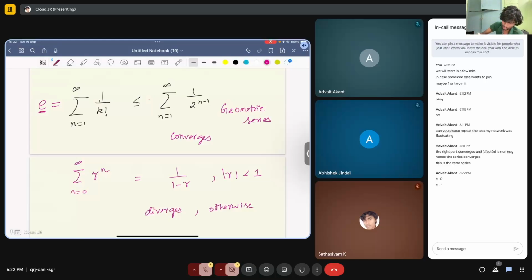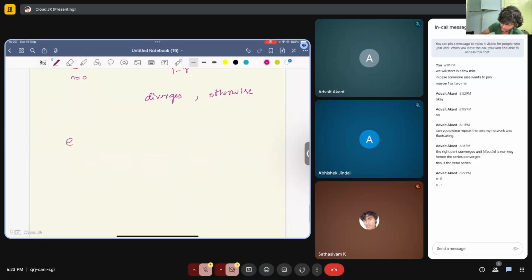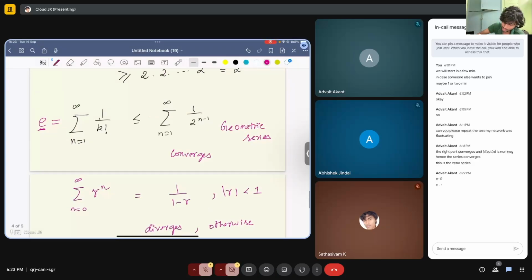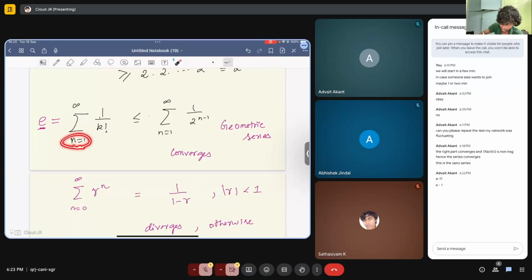Yes, it is e minus 1, not e power minus 1, because e is defined as this sum if you start from 0. Since you are starting from 1, it is basically e minus 1. Maybe start with 0, so you can just write it as e.